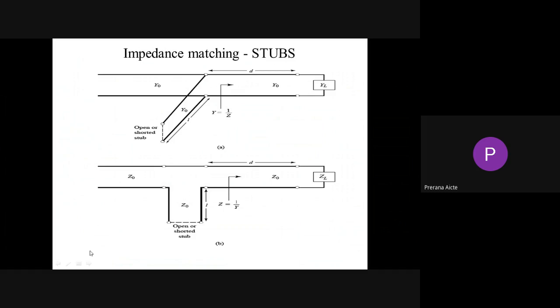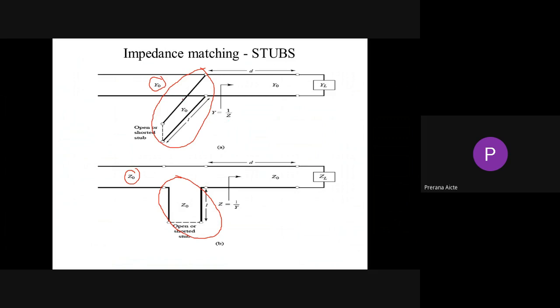Now see here, the stub is connected in parallel to this transmission line at a distance of d from the load. Here also, in parallel combination we consider admittances, whereas in terms of impedances these stubs are connected in series combination from the load side at a distance of d.